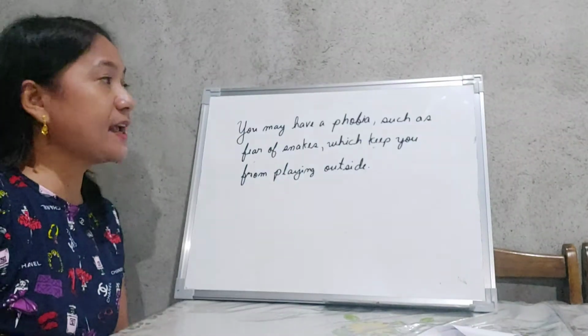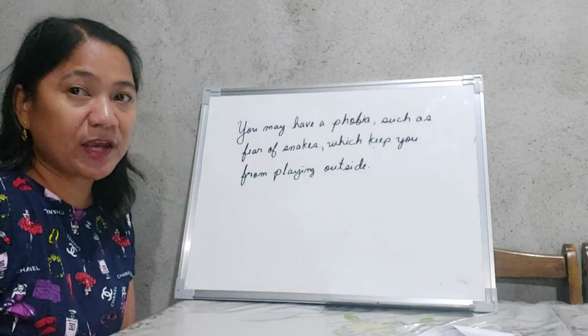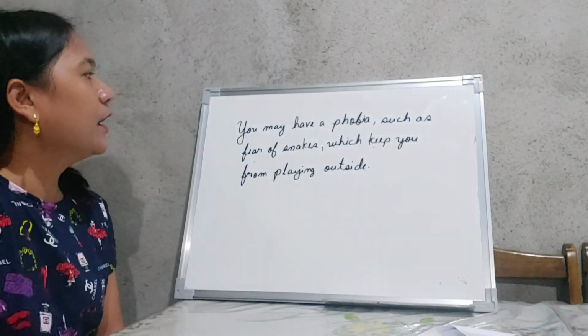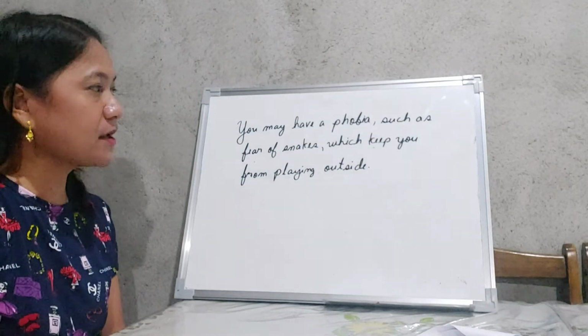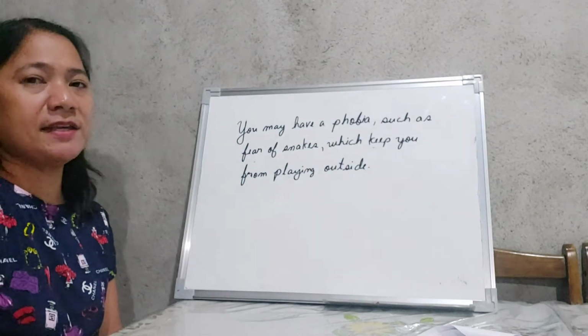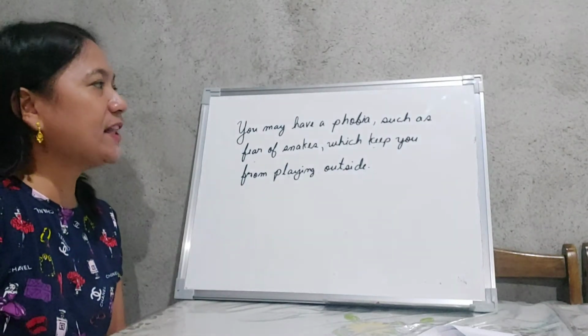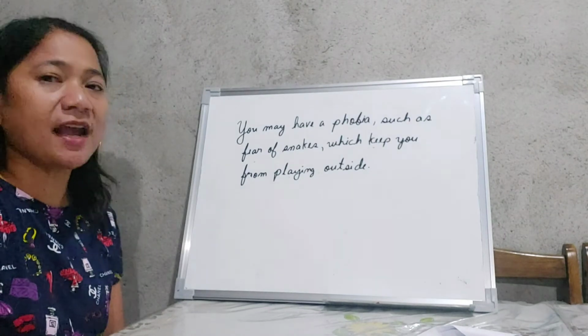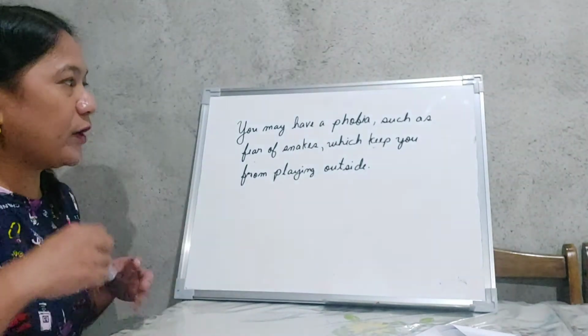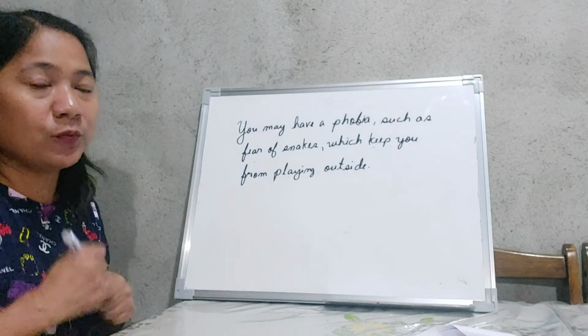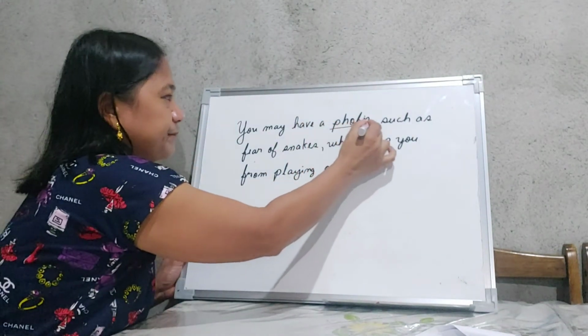Let us read the second example of the exemplification clue. You may have a phobia, such as fear of snakes, which keeps you from playing outside. So let us analyze the sentence and find the unfamiliar word. In this sentence, the unfamiliar word is phobia.